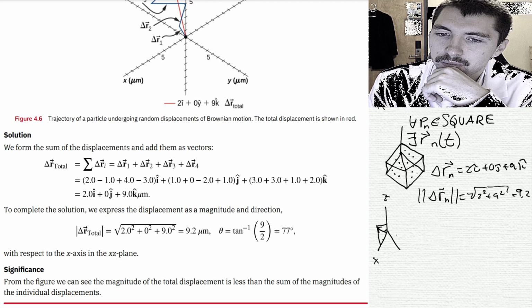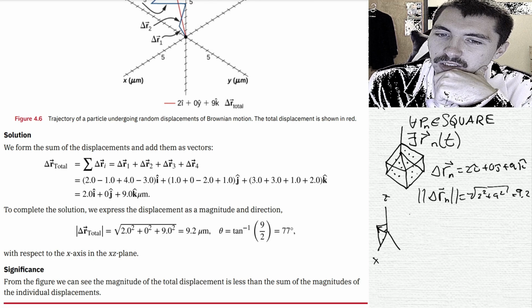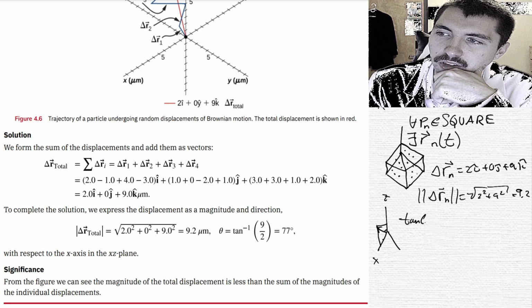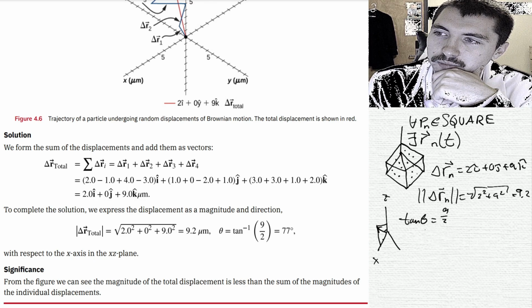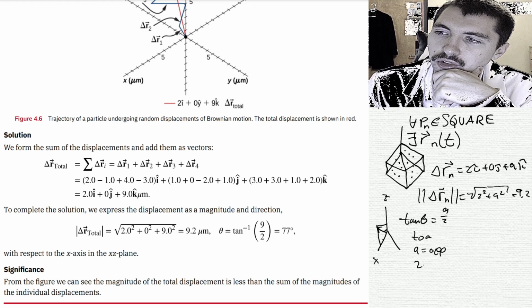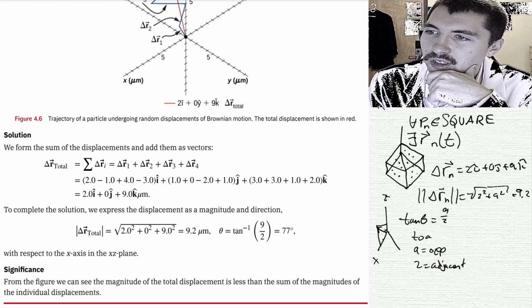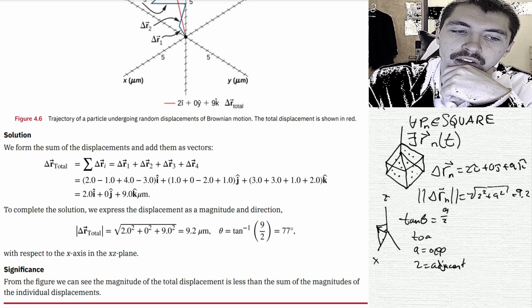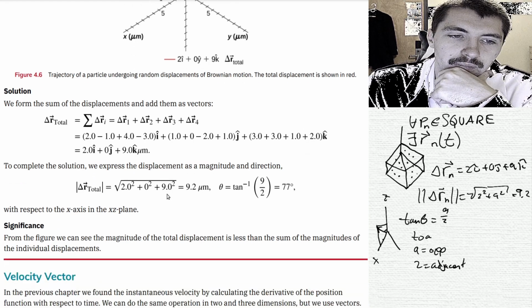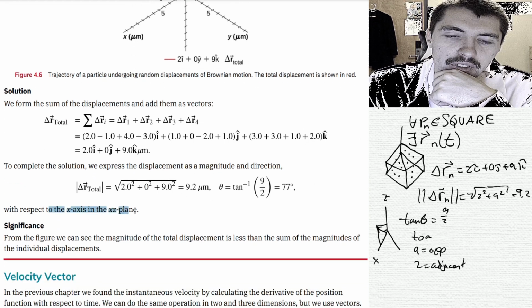Basically, it would be tangent theta equals 9/2, because TOA: 9 is opposite, 2 is your adjacent. It's hard for me to draw on this graph, so I apologize. That's not very clear. Okay. And with respect to the XYZ plane.